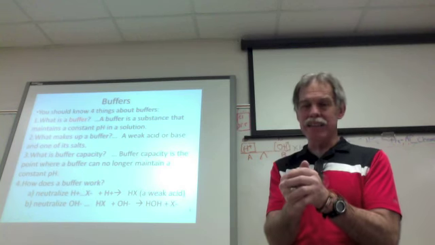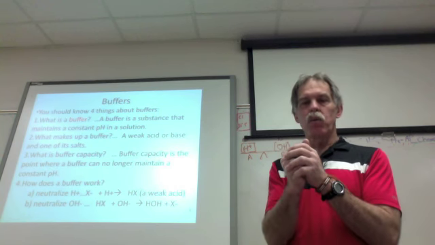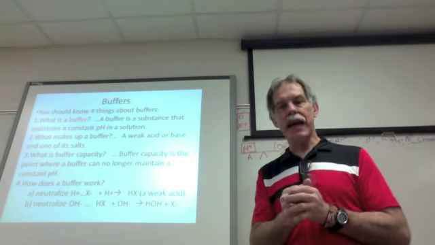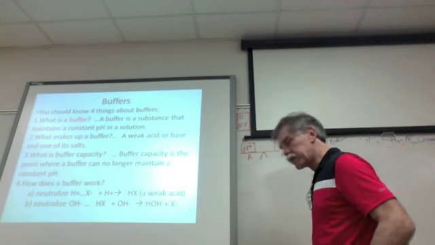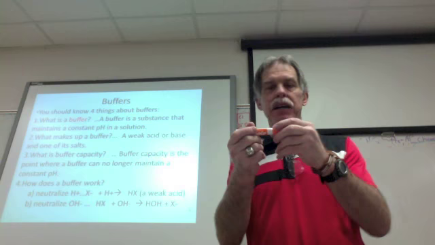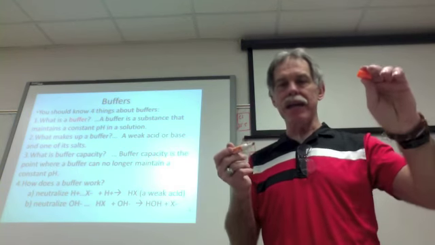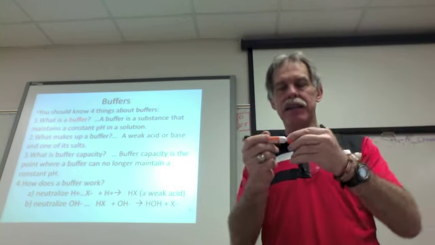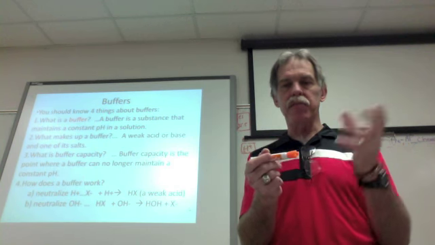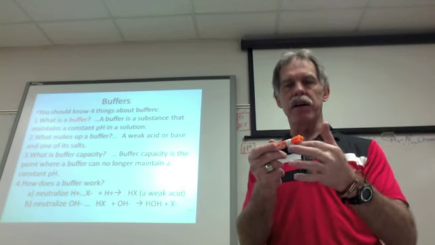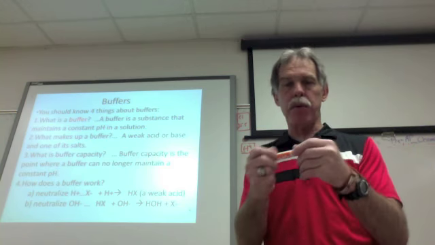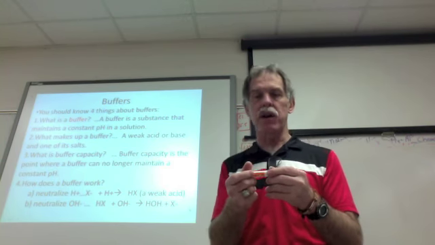And remember, this is a weak acid. What does the weak acid do? Well, remember the example we used in class about the markers, that a weak acid doesn't separate into H and X. It stays together. Sometimes 99% of it will stay together. It's kind of like having a super glue bond here. You can't pull it apart. It doesn't come apart on its own.